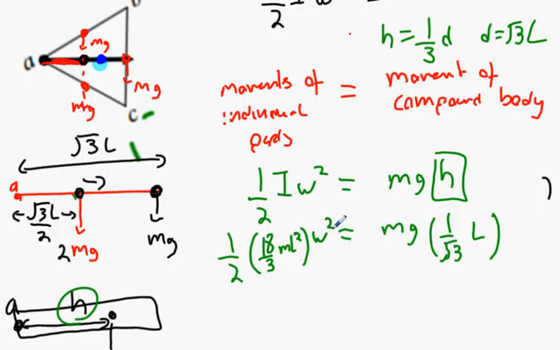Times omega squared. Okay, let's do some cancelling. M cancels with M. That L cancels with the L squared. A half of 18 is 9. 9 divided by 3 is 3L. So 3L omega squared equals g over root 3.